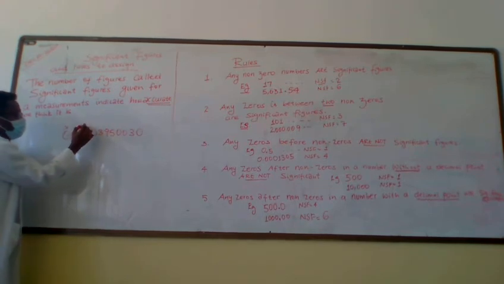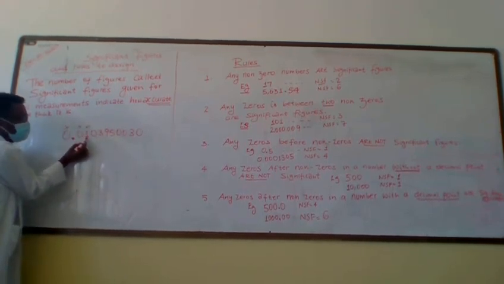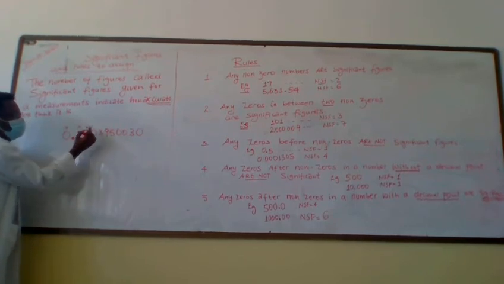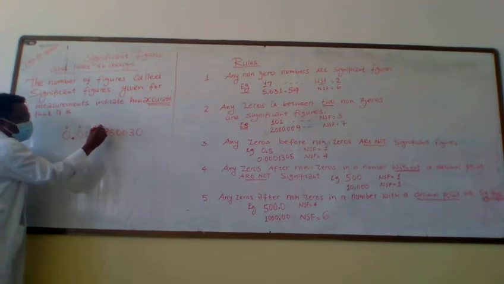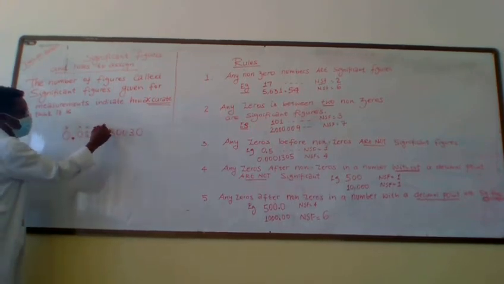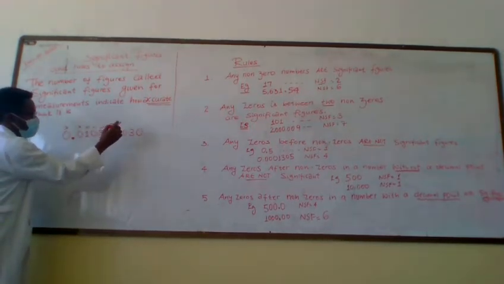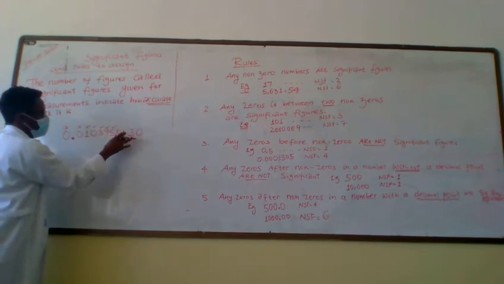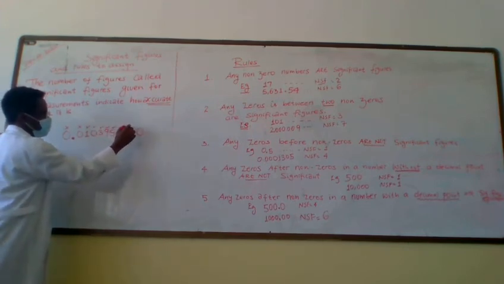Is 1 significant? Yes. Is this 0 significant? Yes, because it comes between 2 non-zeros. Accepted. Is 3 significant? Yes, because it's non-zero. 9 is significant. Yes. 5? Yes. 0? Yes.